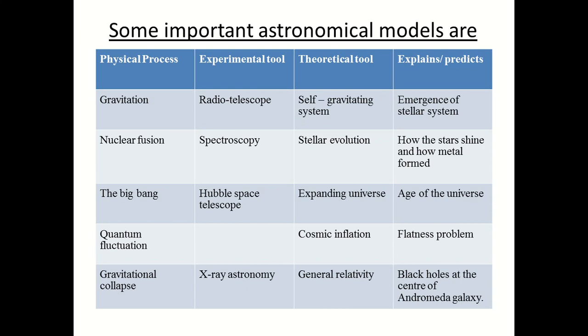A self-gravitating body is one that is held together by the gravitational attraction of its constituents. For example, if we consider a star, the different atoms of the star are held together by the gravitational force.